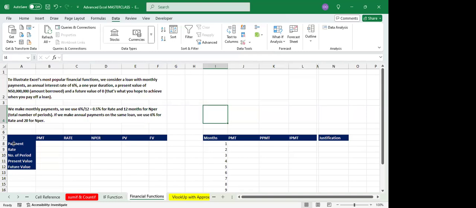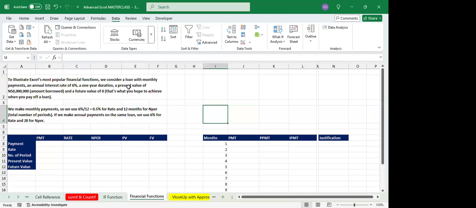So let's see now. To illustrate Excel's most popular financial functions, we consider a loan with monthly payments and an annual interest of 6%. So somebody has taken a monthly loan, with an annual rate of 6% for a duration of 1 year.